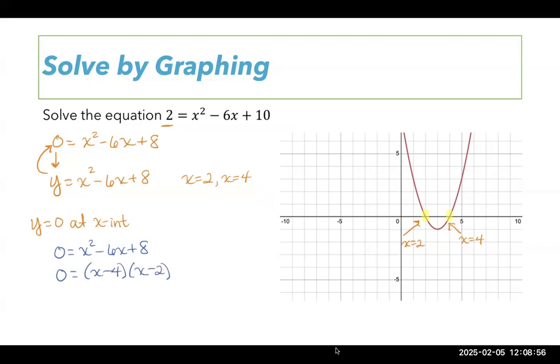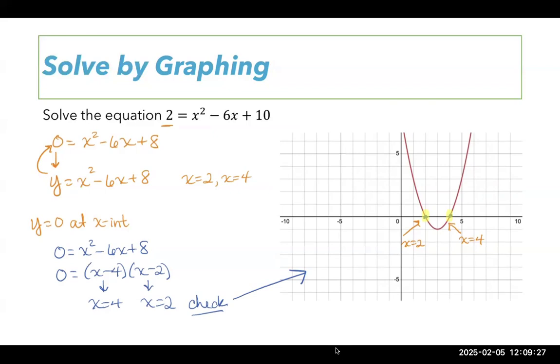And then I set each factor equal to 0, which means that this factor gives me x equals 4, and this factor gives me x equals 2. And then if I want to check that I've done that correctly, then I can go and graph it quick on Desmos or my calculator and see that, yes, I did get an x-intercept at 2 and an x-intercept at 4. So it looks good.